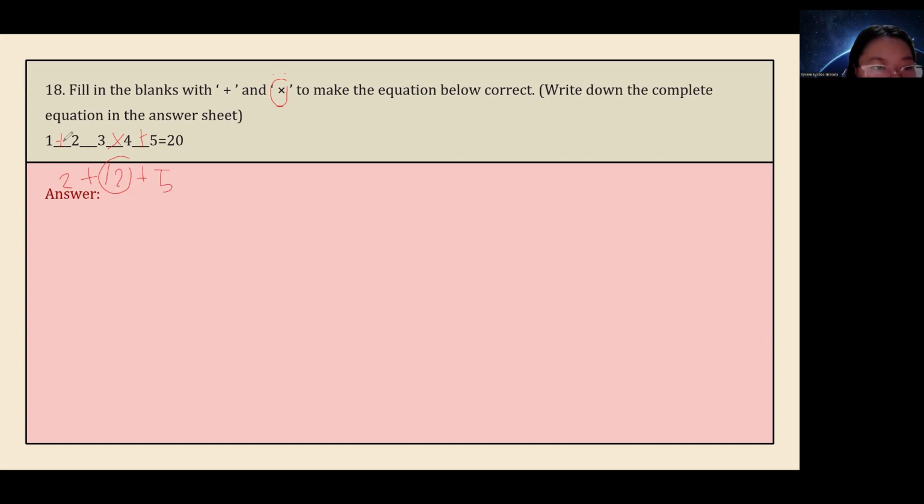So 1 plus 2, that's 3. 3 plus 3, that's 6. 6 plus 12, is it correct? No, we will not add 3. Okay, sorry. So we will add 12. So 1 plus 2, that's 3.